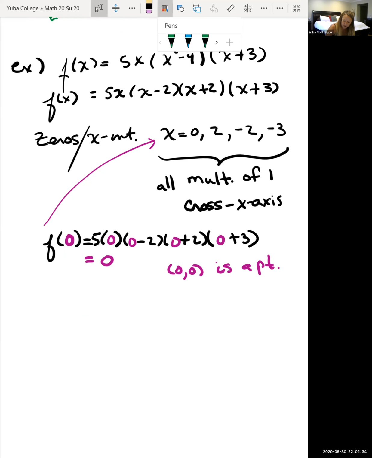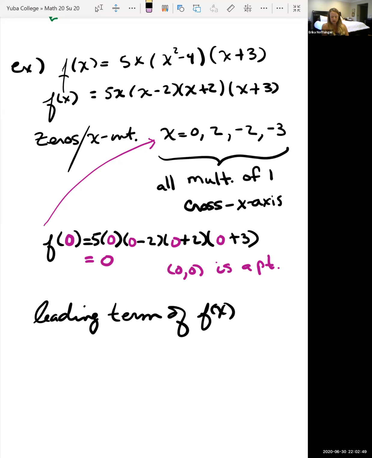So let's determine the leading term of f of x, and that would determine the end behaviors of the whole graph of f of x. If we had distributed this whole thing out, x times x is an x squared, times another x is an x cubed, times this 5x out front is 5x to the 4th.